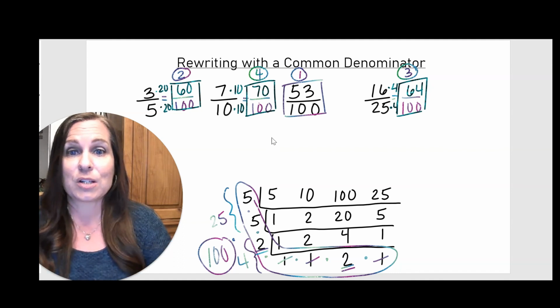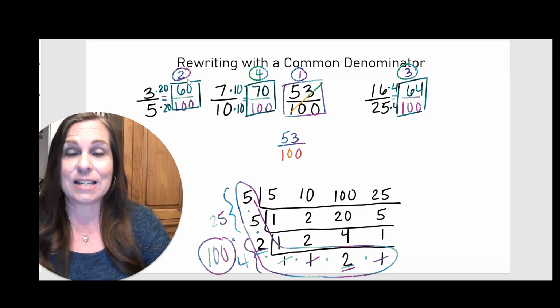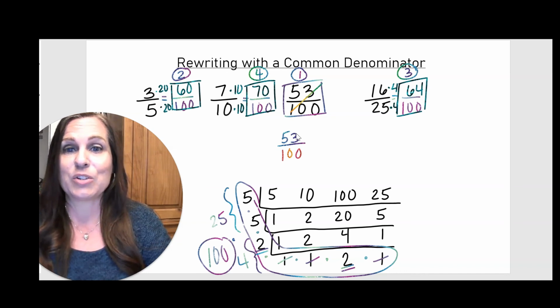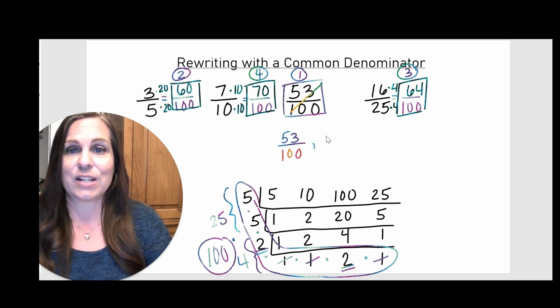So the first fraction, the smallest fraction in the list, is 53 hundredths. Second is 60 hundredths, but the original fraction for 60 hundredths that I was given is 3 fifths.